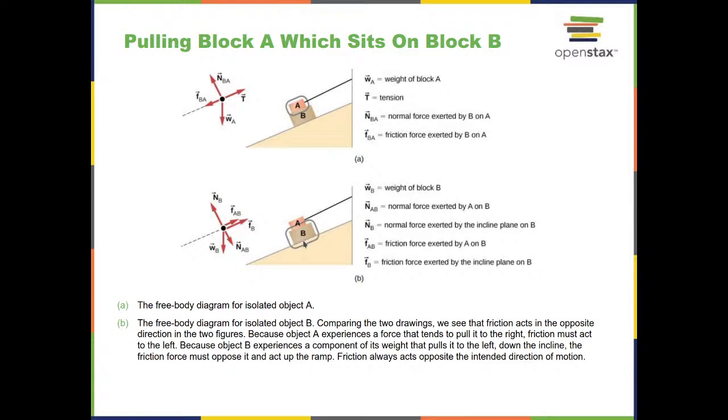So in that case, the friction would be pointing up. If I'm pulling on block A, and by pulling on block A, I'm also pulling on block B, and it is pulling the block up on the slope, then the friction might work in the opposite direction, because it might prevent the block from sliding up on the slope because of that tension on block A.